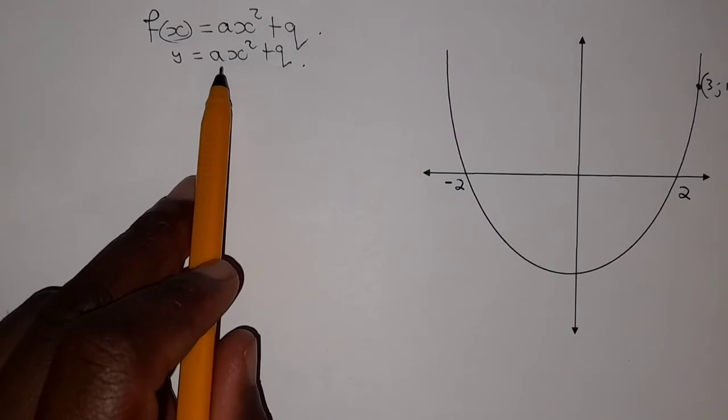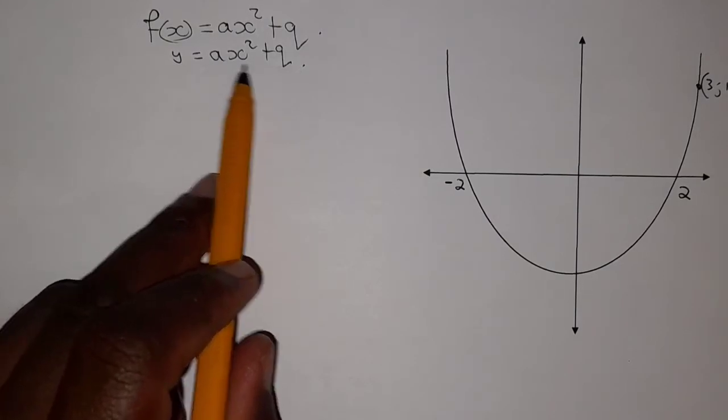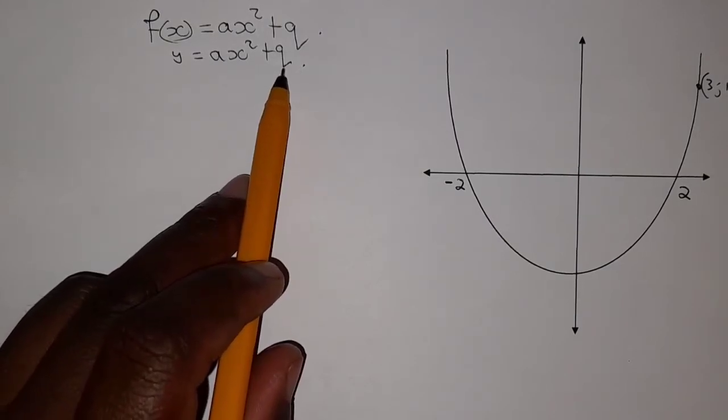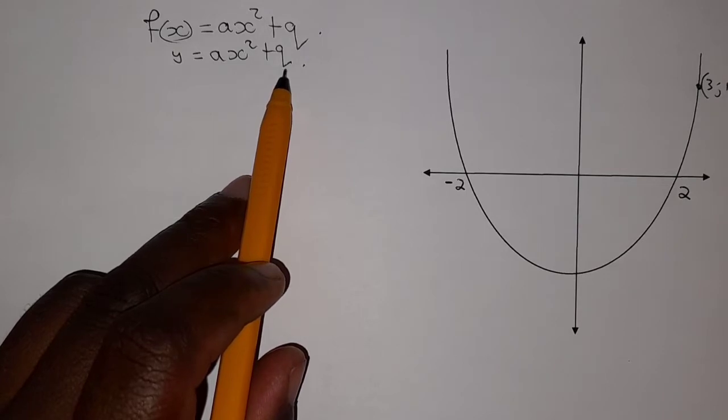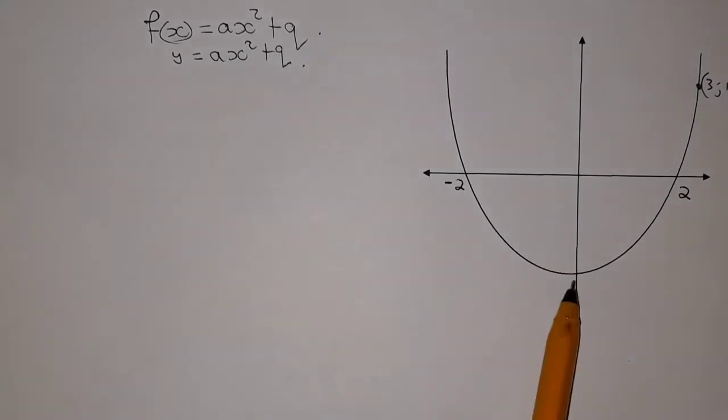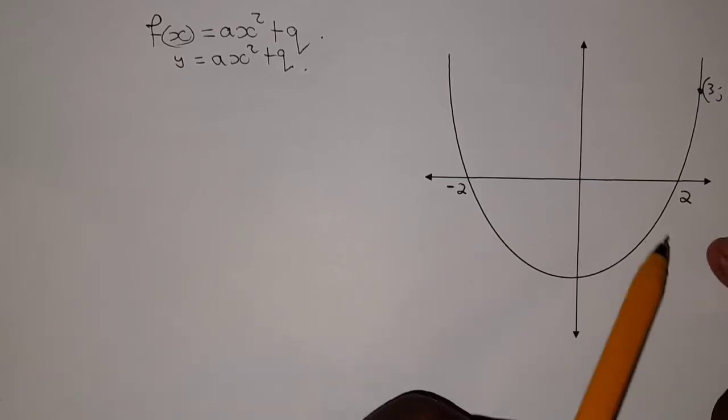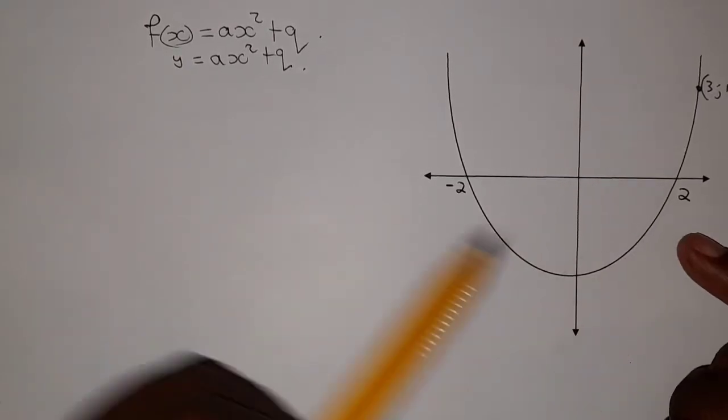We need to find the value of a and the value of q. How do we do this? Unfortunately, we do not have the y-intercept, so we'll have to determine these two values, a and q. We make use of the given coordinates.